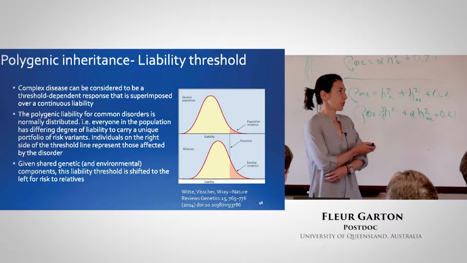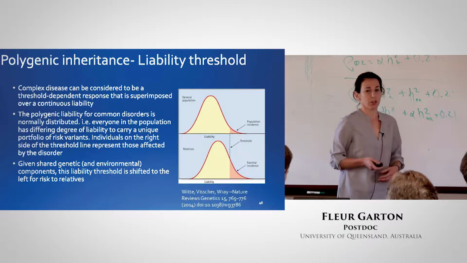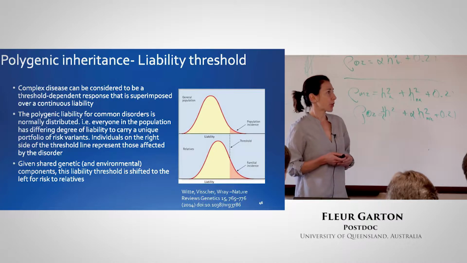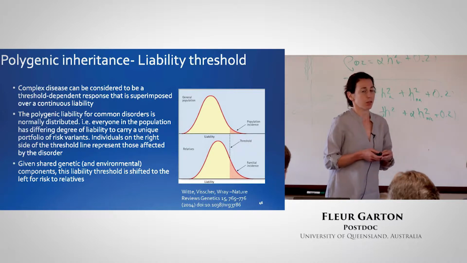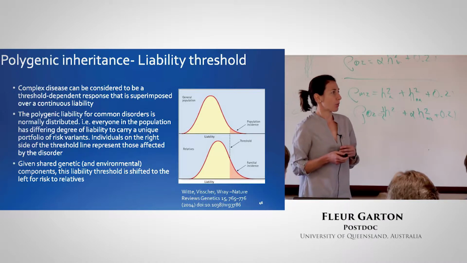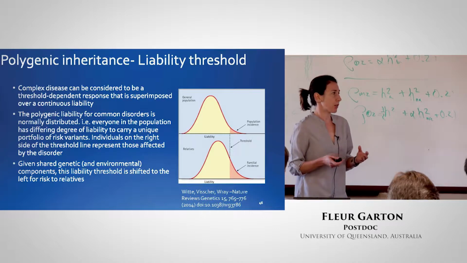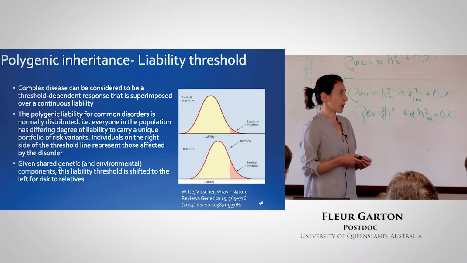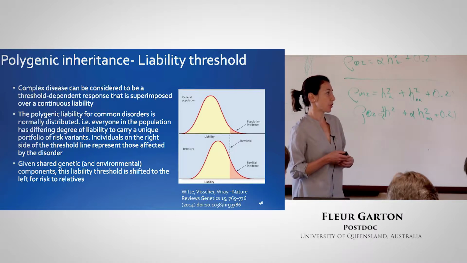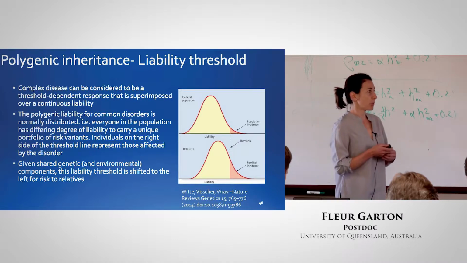Polygenic inheritance, we can also think of this in terms of a liability threshold. So complex diseases are considered to be threshold dependent. So there's a continuous liability that this is superimposed on. And so the polygenic liability for common disorders is normally distributed.